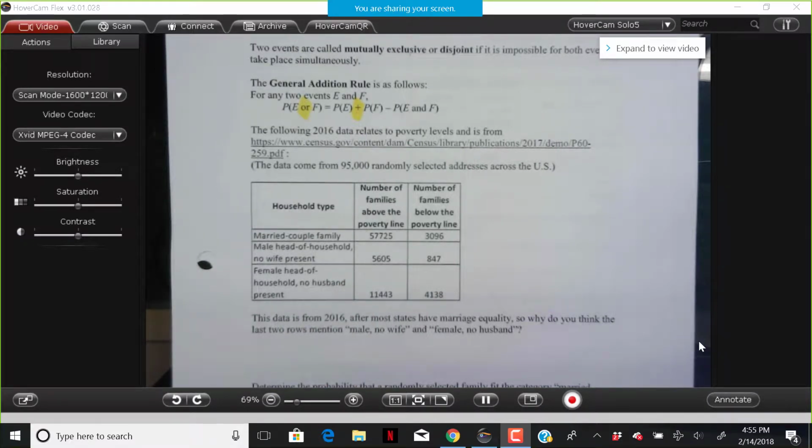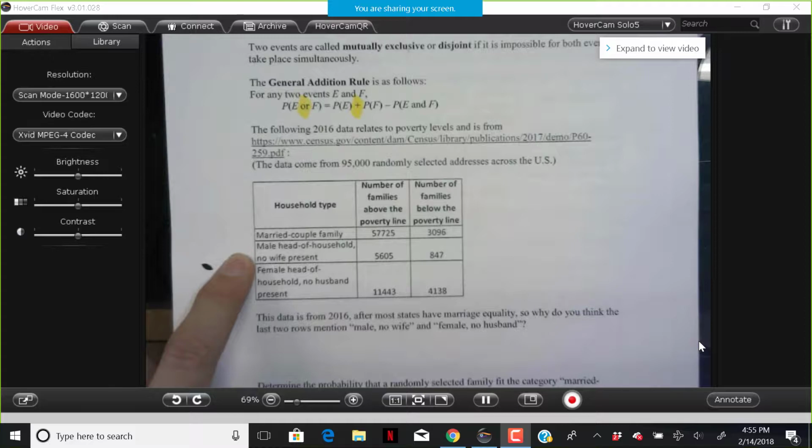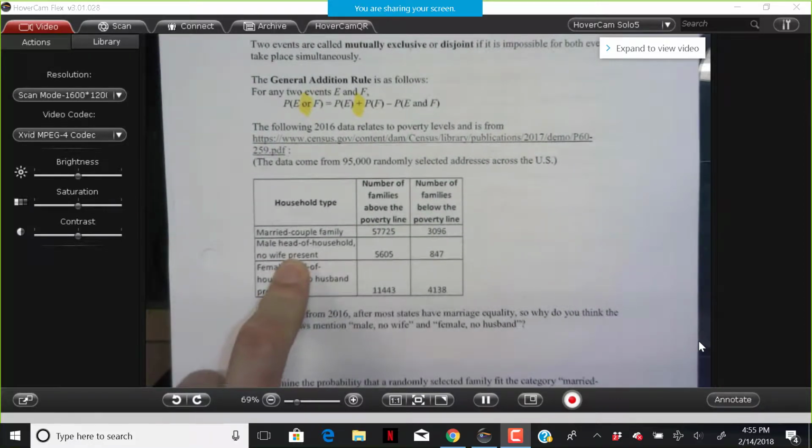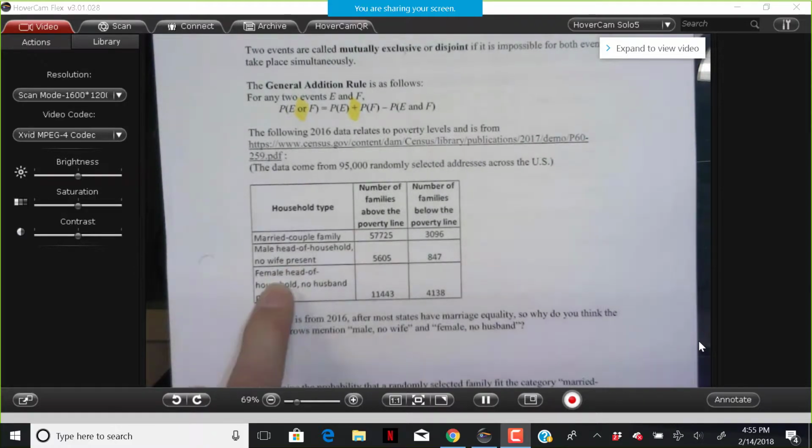right? So what do we know about earnings? So two men would have higher earning power than, what am I trying to say here? If there's another man, he generally has higher earning power. So it's especially the female head of household, no husband present.